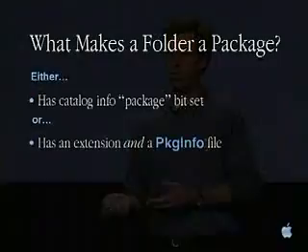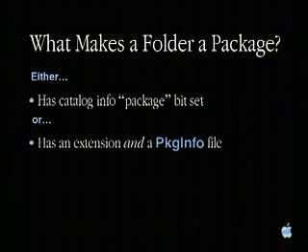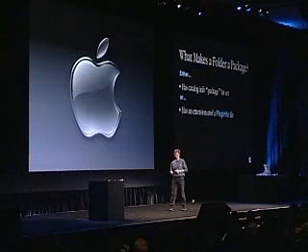Now that's actually not quite enough information because since directories don't have types and creators, we don't really know anything about that. So it's always good to have a package info file there, whether or not you use the package bit. But it turns out if your directory has some sort of valid extension and a package info file in the contents folder, that's enough to tell us that it's actually a package.